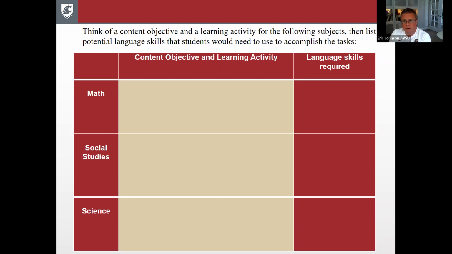Secondaries might just focus on one. But what I try to have teachers do is think about their content area. And right here I have in this little graphic for an activity, you think math or social studies or science. I don't use language arts in this example because then that can get confusing between language and content.